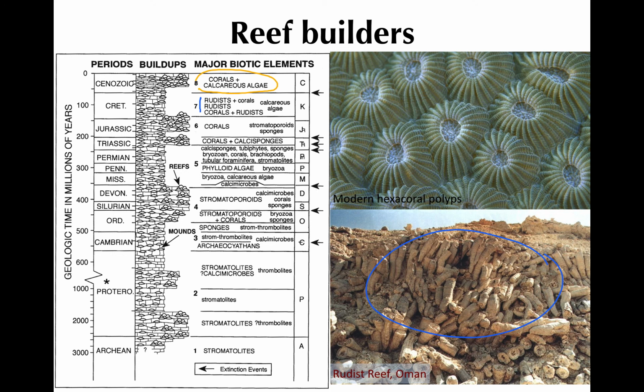Sponges and phylloid algae, things called stromatoporids, archaeocyathans, and even microbes have built reefs in various times of Earth history. And so it's just important to recognize that what we think of today as a coral reef is not necessarily what you would find in the rock record, because there have been many different types of reef builders in Earth history.